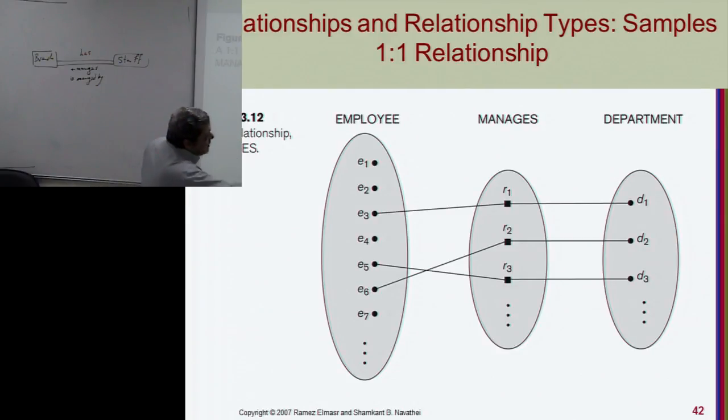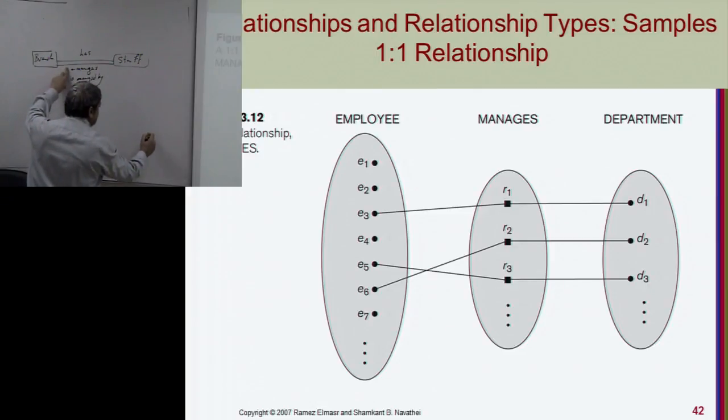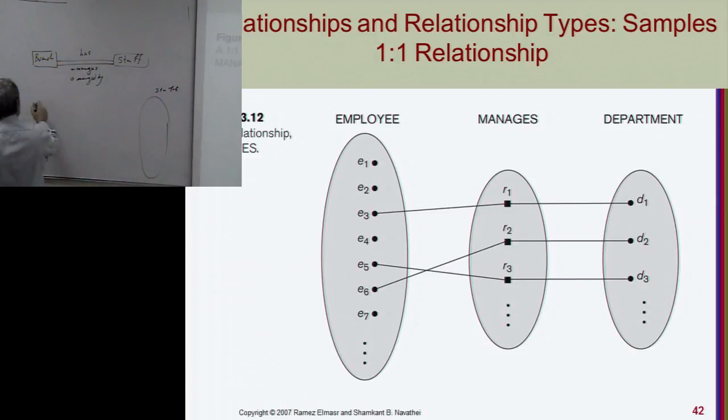So this relationship in the middle is called the manage relationship. Right? You got it? So I can link. Let me try to draw it here. This one, let us try to draw it here. So we have two relationships, right? Here is staff. Here is the branch.